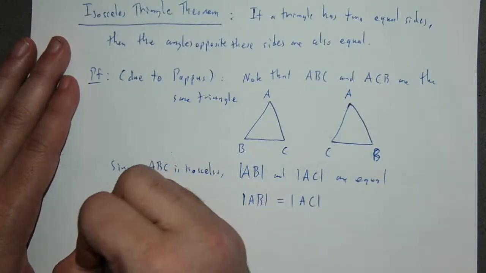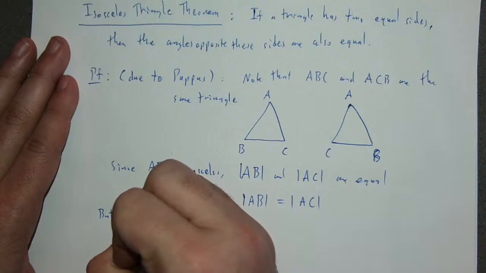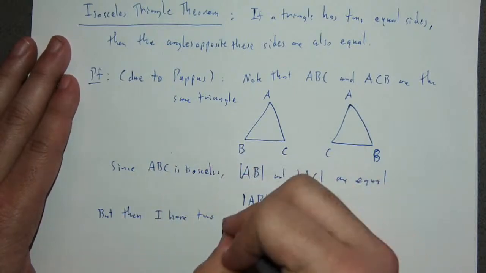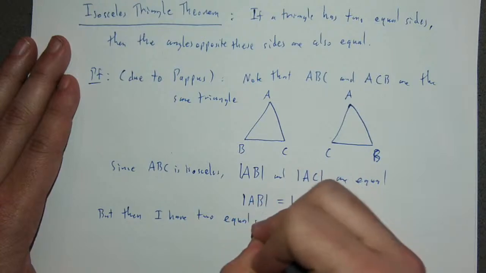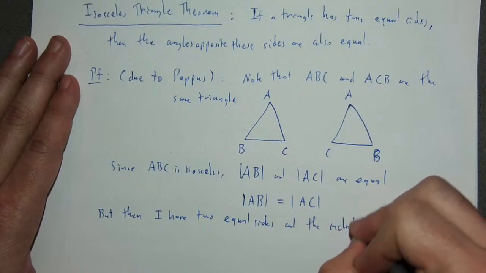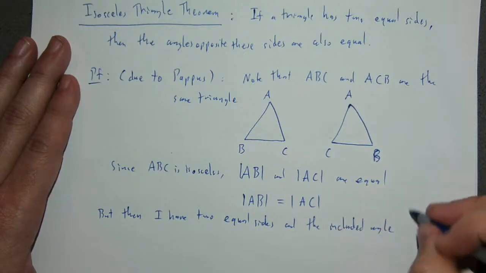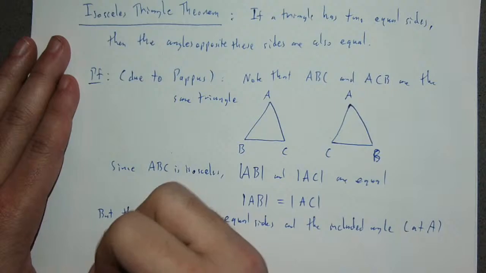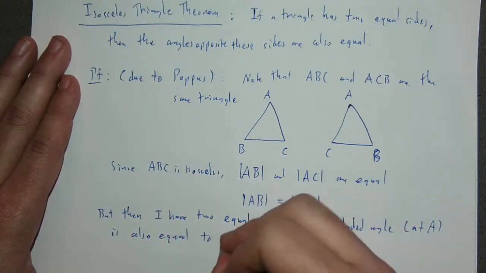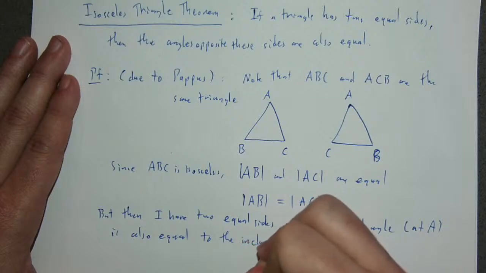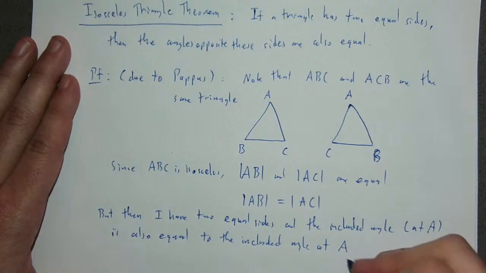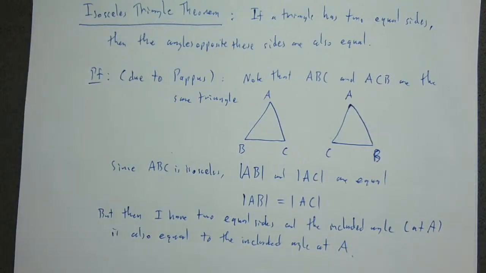But then I have two equal sides and the included angle at A is also equal to the included angle at A. Right? What am I saying?